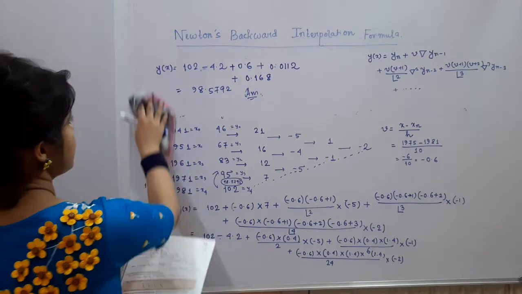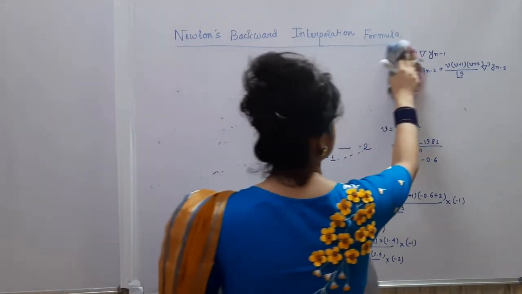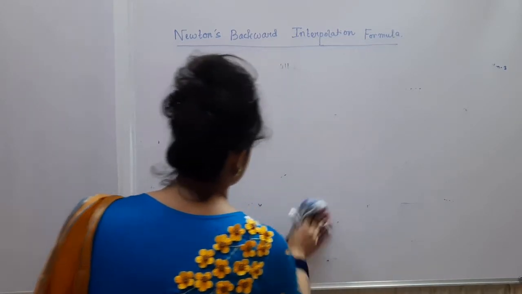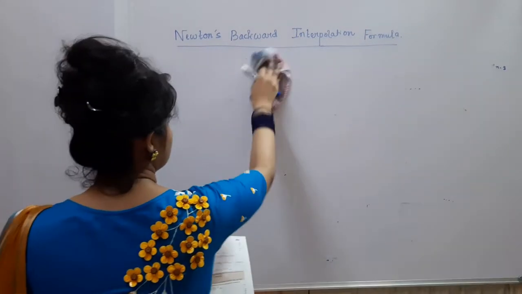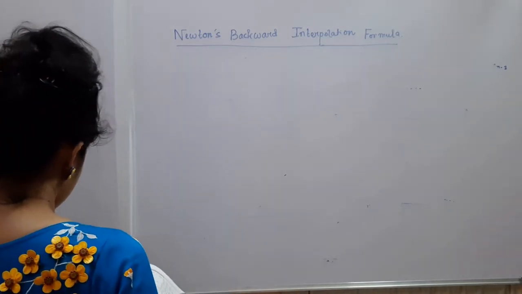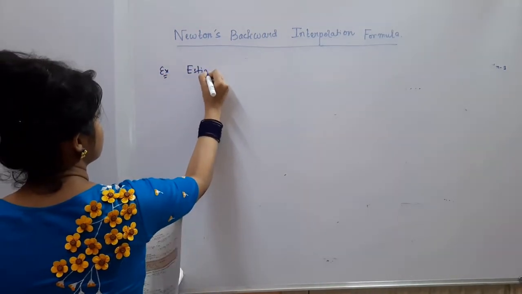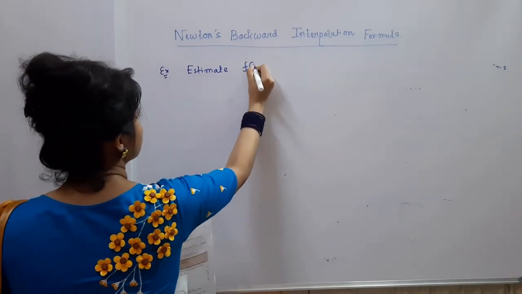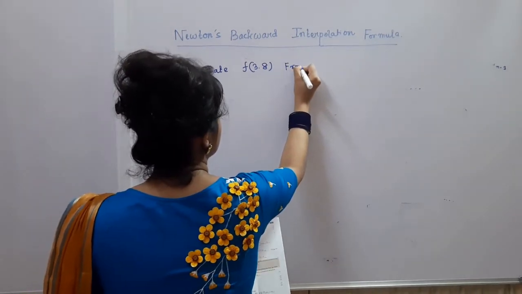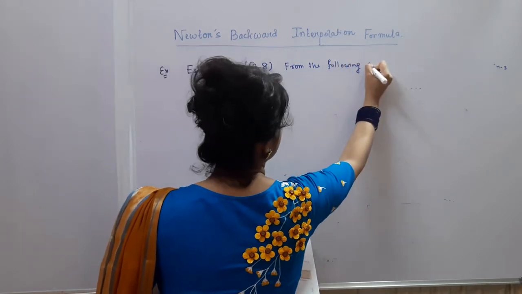So I am going to remove this. The problem is: estimate f of 3.8 from the following data.